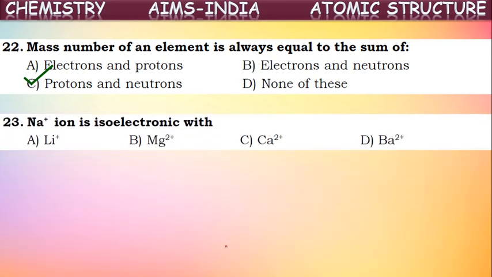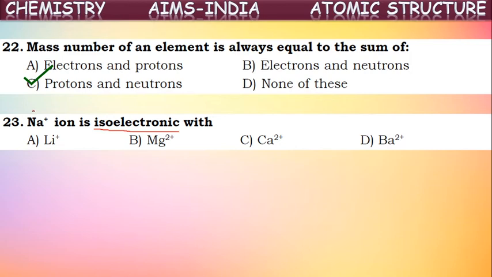Next, Na+ ion is isoelectronic with. Isoelectronic, what does it mean here? Isoelectronic means the species with the same number of electrons. So now they're asking Na+ is isoelectronic with. So it means which of the following has the same number of electrons as this Na+. What is the number of electrons in Na+? First of all, we know the sodium atomic number is 11.